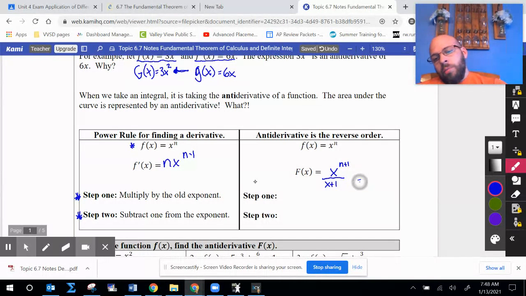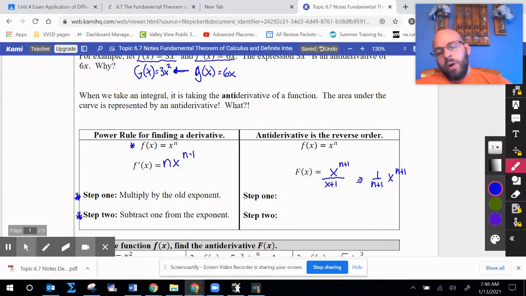Now normally the way I like to write it is I multiply by the reciprocal. Raise the power and then multiply by the reciprocal of whatever that new power is.